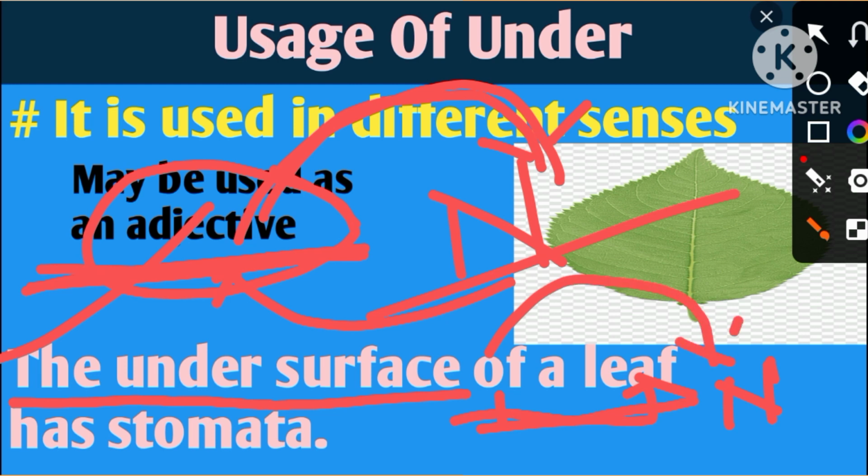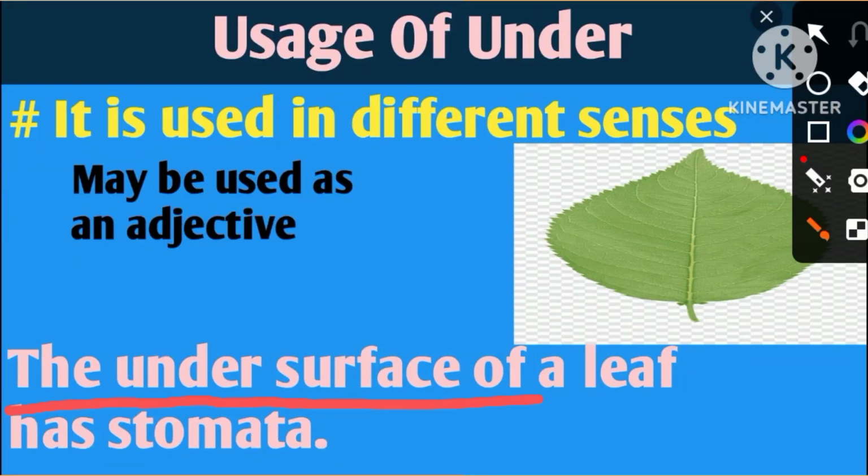So it's a prepositional phrase, and whenever we use of and after that we use noun, it refers the whole thing, and the rest of the part refers the part of this whole. So my dear friends, actually the entire part is the subject of the verb has.